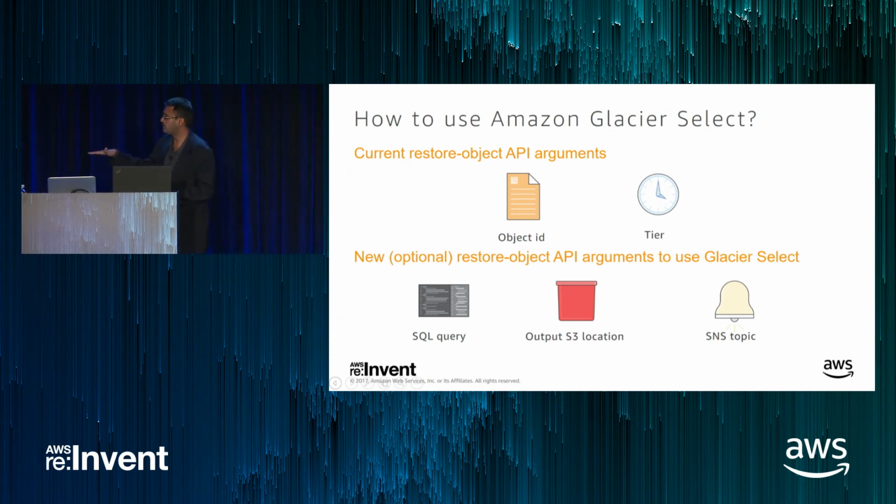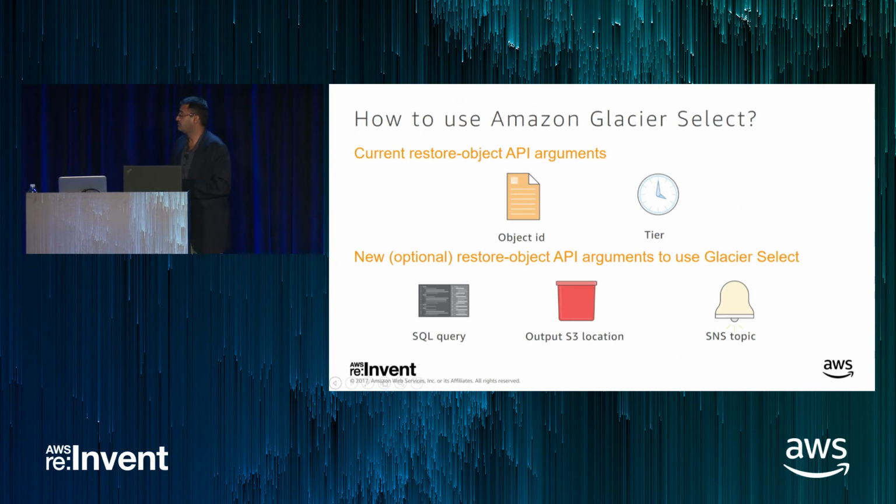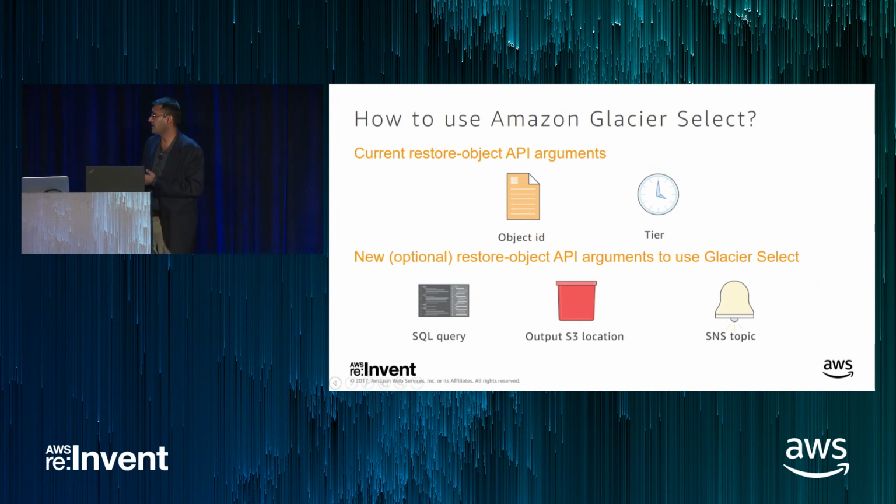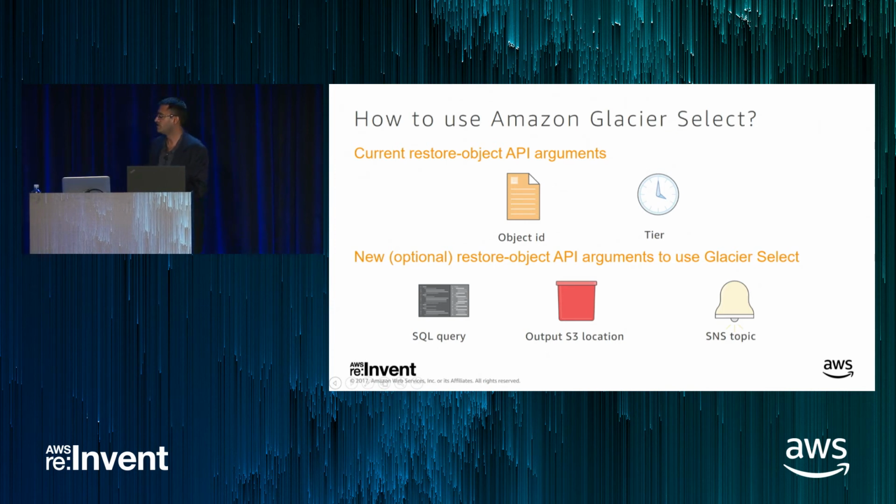The 3 optional arguments that are needed for Glacier Select are firstly the SQL query, which actually describes what you want to filter. The output S3 location, which is a location of an S3 bucket that you own and have permissions to, and where the output will be written to. And finally, an SNS topic, which you can subscribe to so that when a job completes, you are notified.